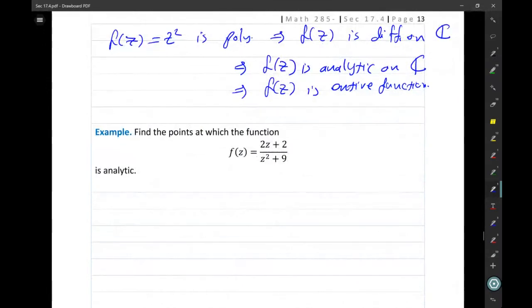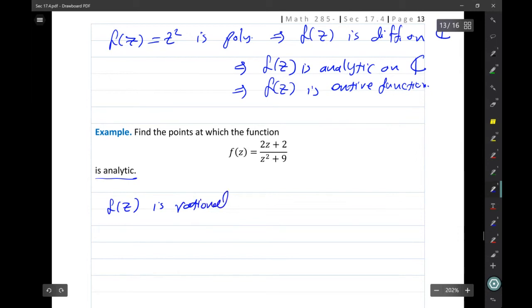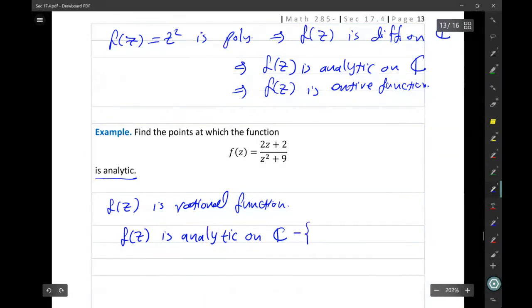Okay, the next question says find the points at which the function is analytic. Here the function is a rational function, so I have to avoid the zeros of the denominator. The function f of z will be analytic on the complex numbers except the zeros of the denominator, where z squared plus 9 is equal to 0.